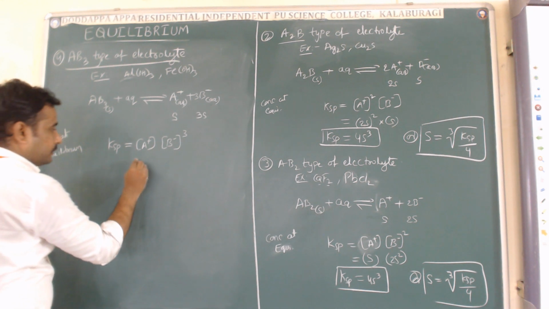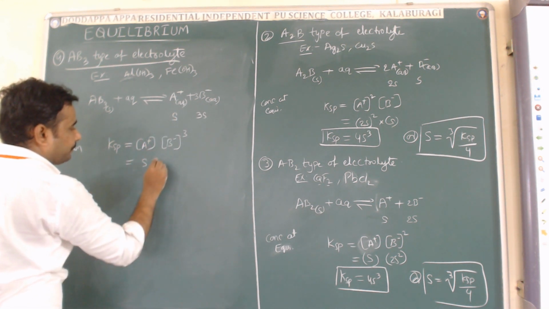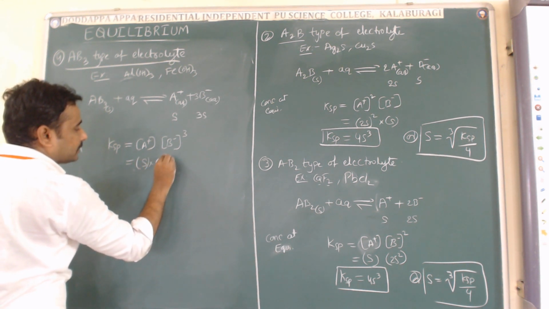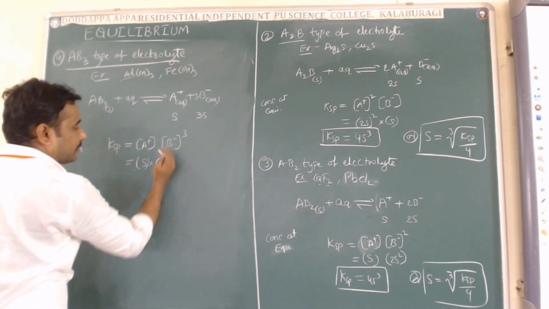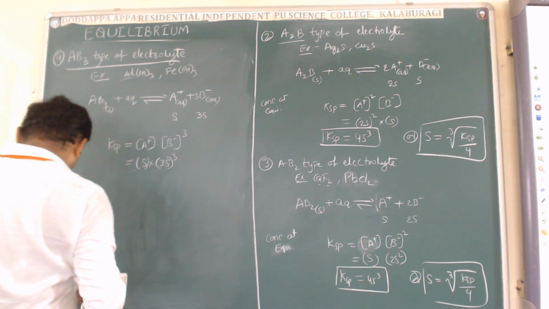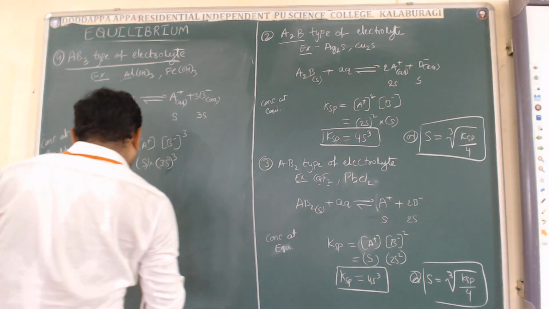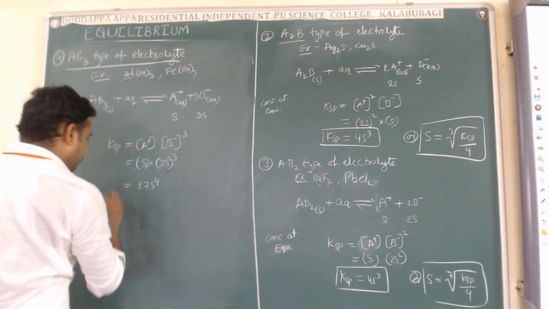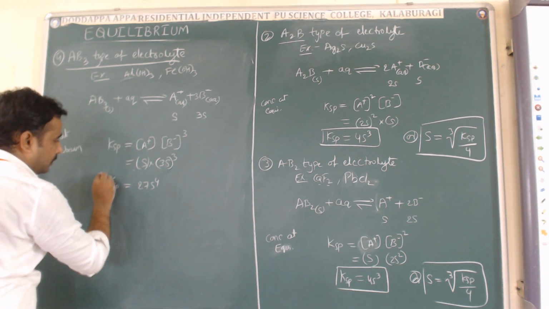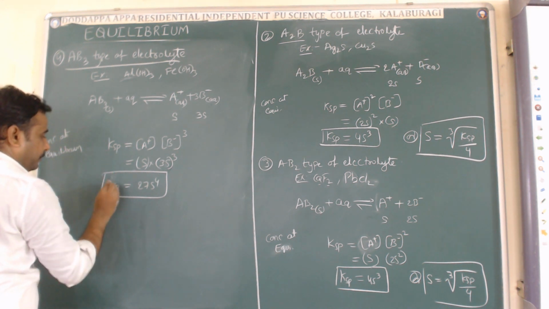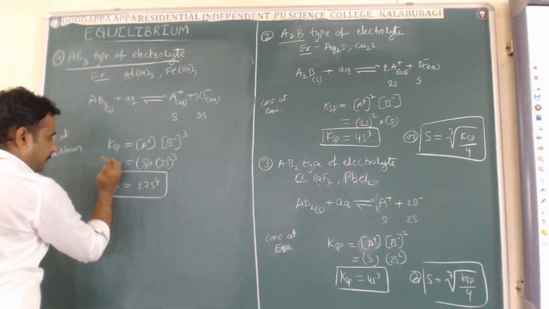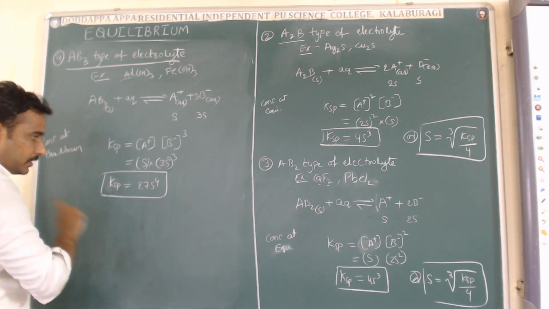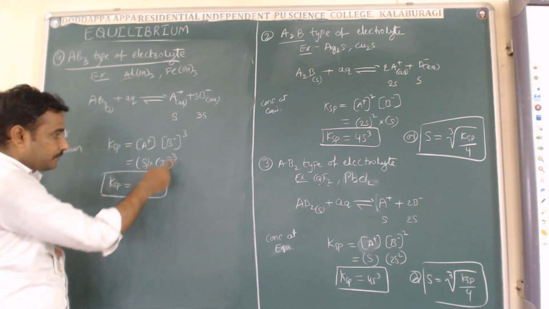So I write S into 3S cube. When you do S into 3S cube, you get 27 S raised to 4. KSP is equal to 27 S raised to 4.